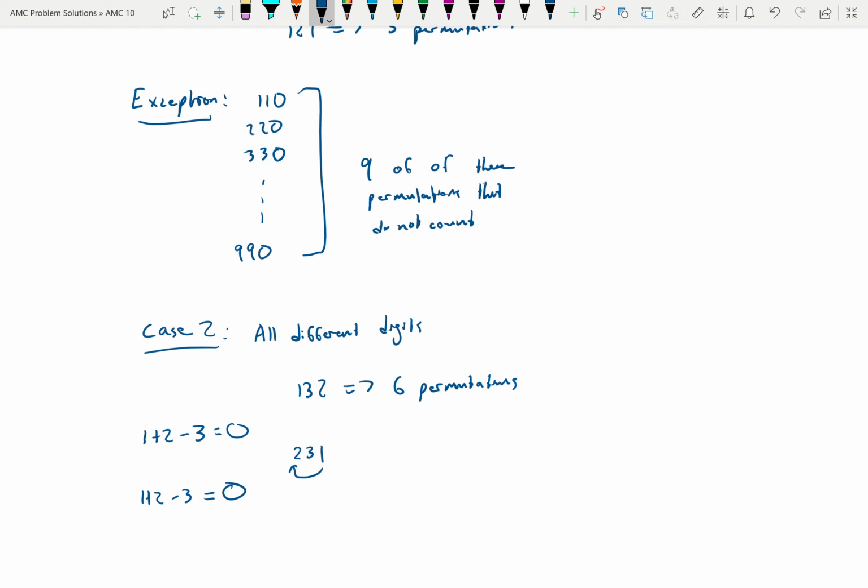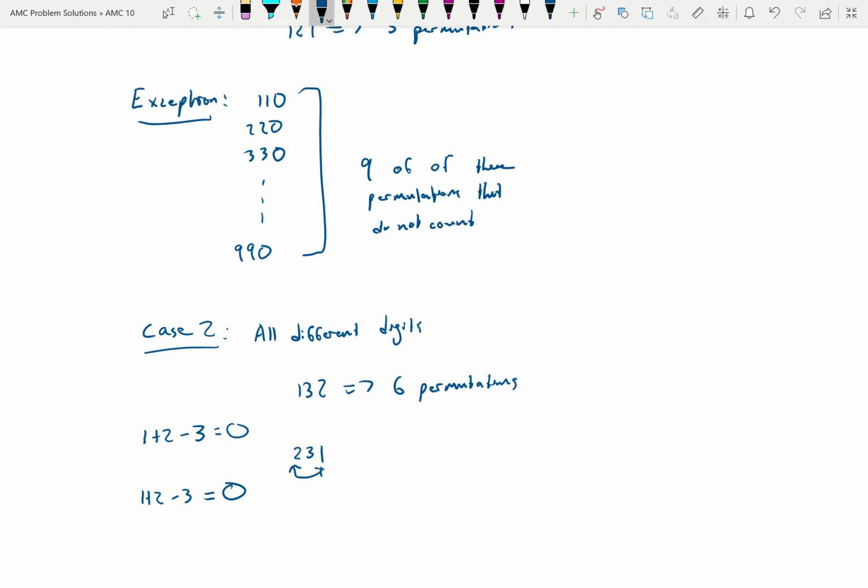So when you switch the hundreds and the ones place, this is also a multiple of 11. Therefore, we'll have double counted, since we can switch the ones and the hundreds place.